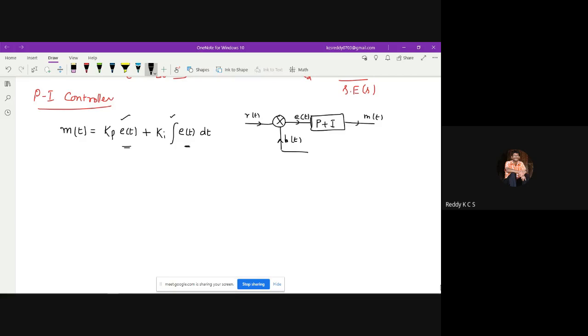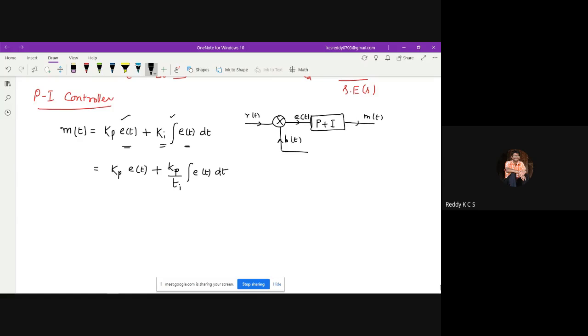So we can write this as Kp into e of t, and we have also mentioned that Ki can be written as Kp by Ti, where Ti is the integral time constant, times the integral of e of t dt. So we have rewritten the Ki value in terms of Kp.